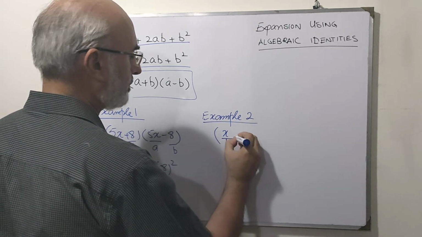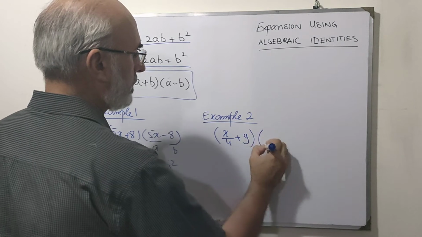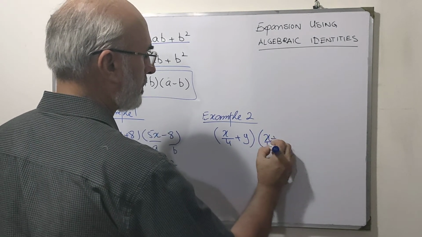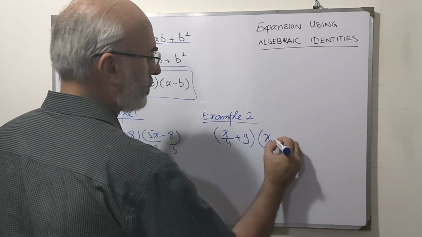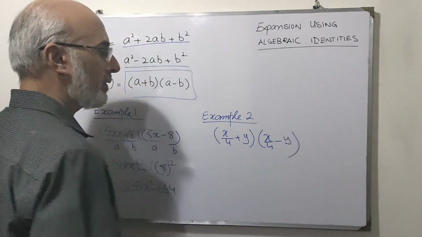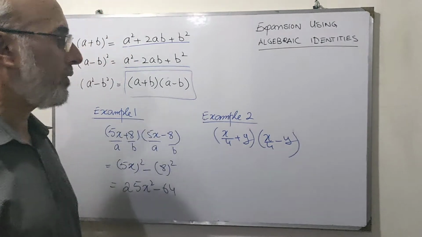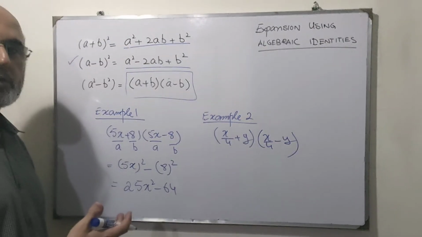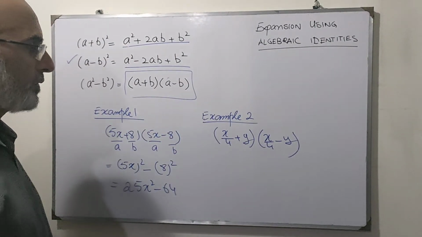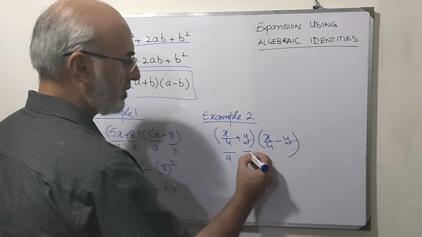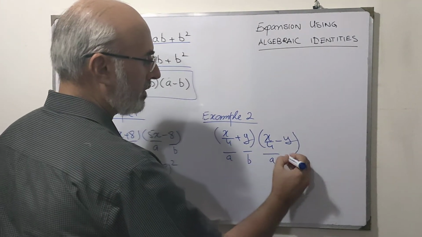x plus 4 plus y into x over 4 minus y. Okay. Now, again, this is the case of a plus b into a minus b. So this is a, this is b, this is a, this is b.